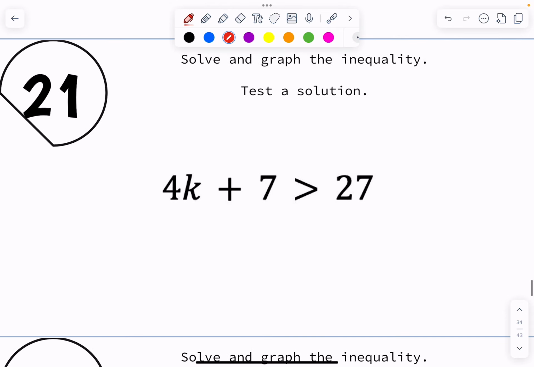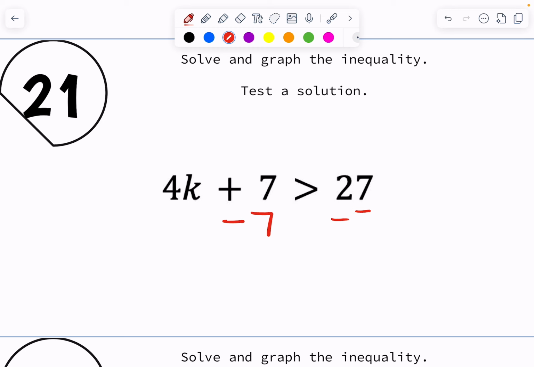When we get to two-step inequalities, we're going to follow our same process for solving two-step equations. So we want to undo the equation in the opposite order of operations. So when I look at this, my variable was multiplied by 4 and then I added 7, so the first thing I'm undoing here is that adding 7.